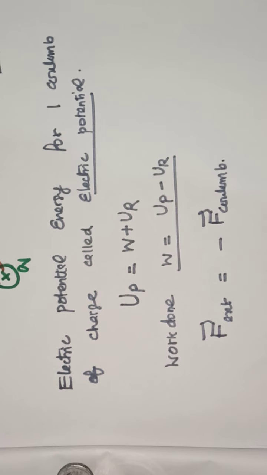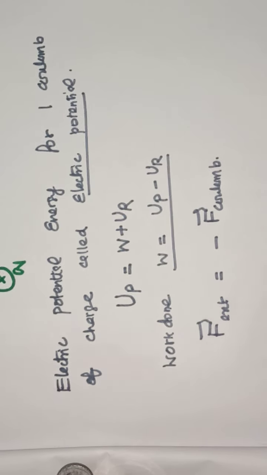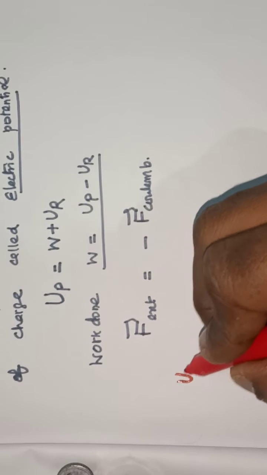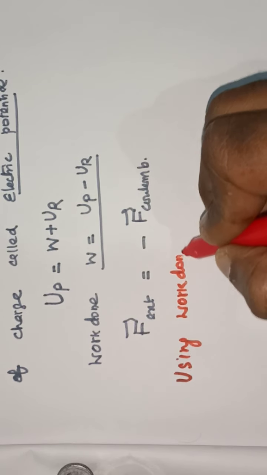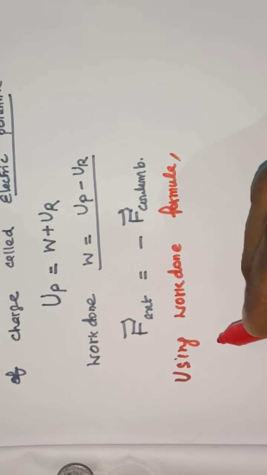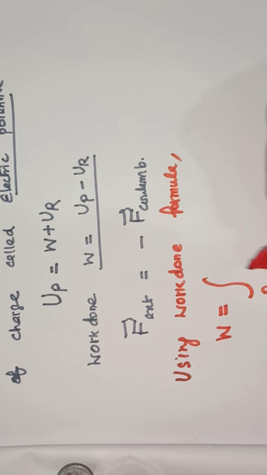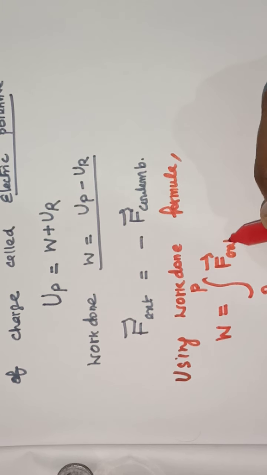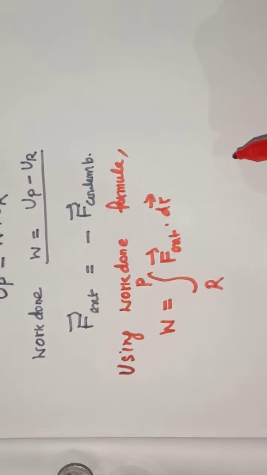Okay, so we can write using the work done formula, work done W equal to integral from the position R to P of F vector external dot the position vector dr vector.